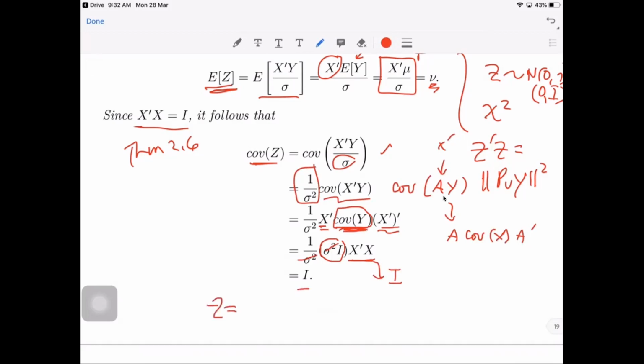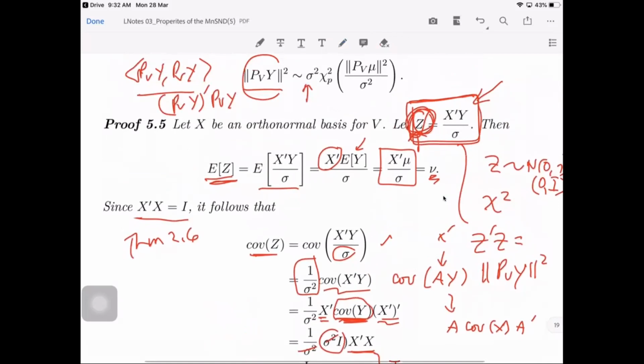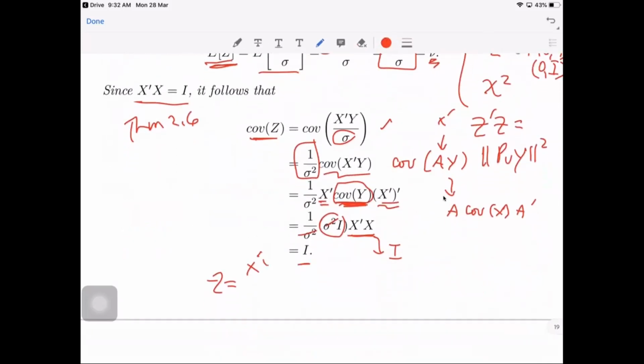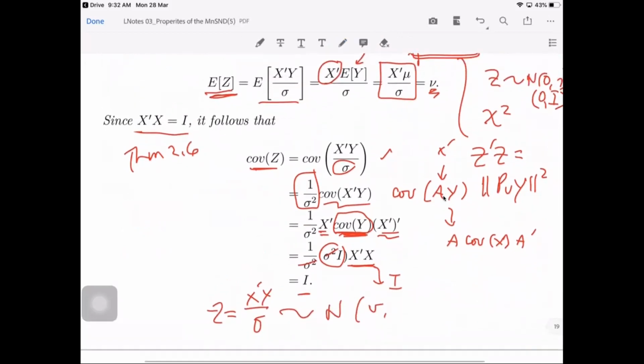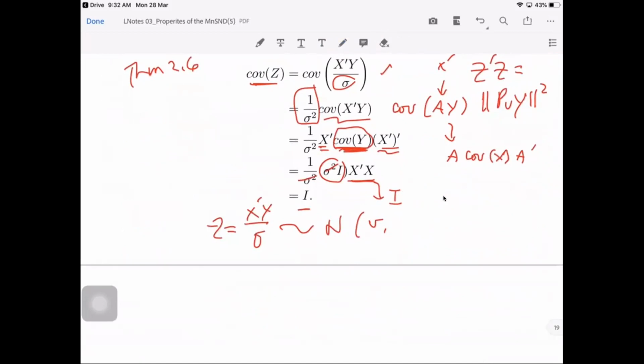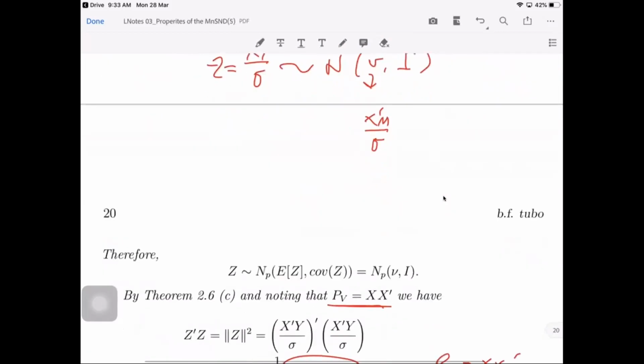So we see that z, which is x prime y over sigma, is normal with mean vector v, but your mean vector v is x prime mu over sigma, and covariance matrix I. Okay, so you have this.